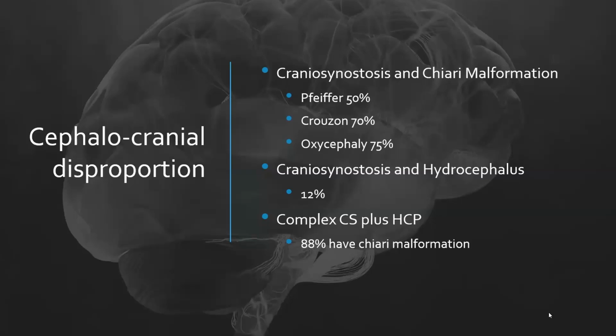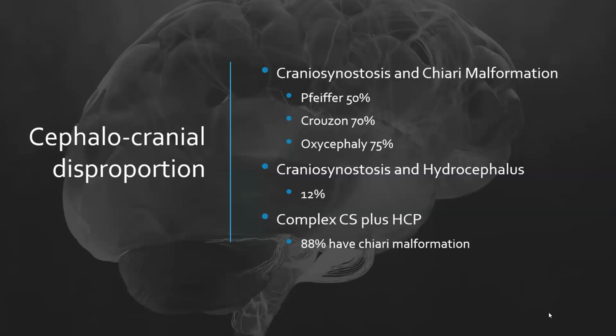But then if you go back and look at craniosynostosis and hydrocephalus, this percentage is much less. You only see about 12%. And then you go one step further, you take patients with complex craniosynostosis who do have hydrocephalus, this 12%, 88% of them do have a Chiari malformation. So again, a lot of things that are interlinked, but not completely explanatory of each individual diagnosis.